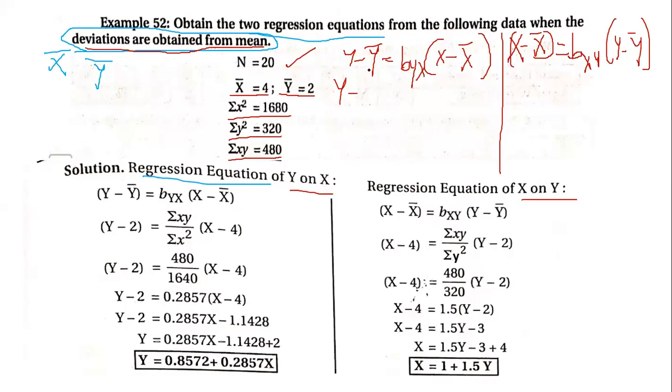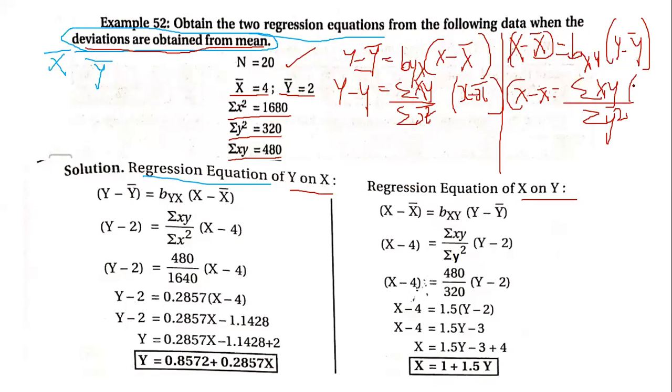Y minus y bar is equal to, for byx, what is the formula? Sigma xy divided by sigma x square, and here again, x minus x bar. On the other side, x minus x bar is equal to, for bxy, sigma xy by sigma y square into y minus y bar.